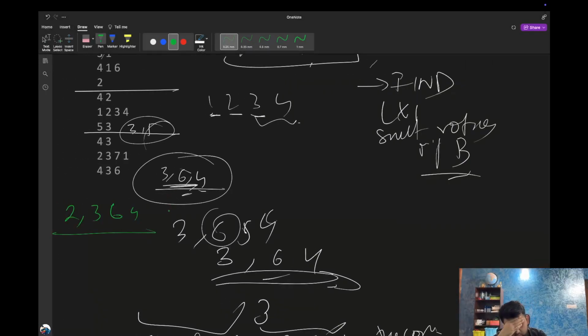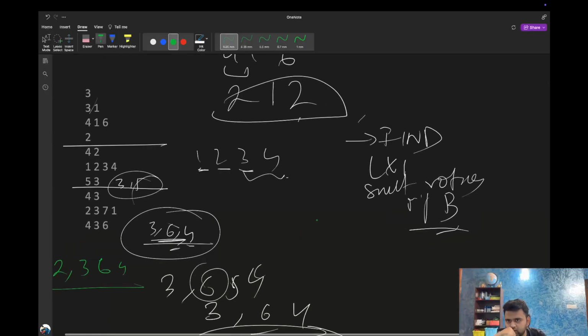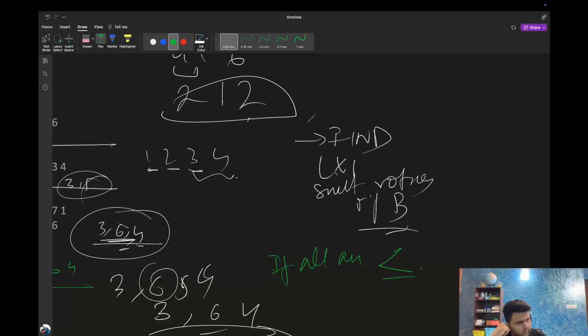So how do I formalize it properly, since there might be many arrays where it matches? So what I would do is consider if all are less than or equal to, but might not be close to.